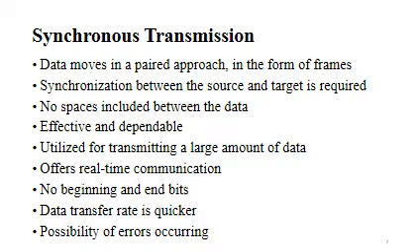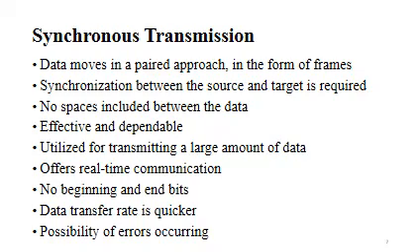In synchronous transmission, data moves in a completely paired approach in the form of chunks or frames or blocks. Synchronization between the source and target is required so that the source knows where the new byte begins, since there are no spaces included between the data.